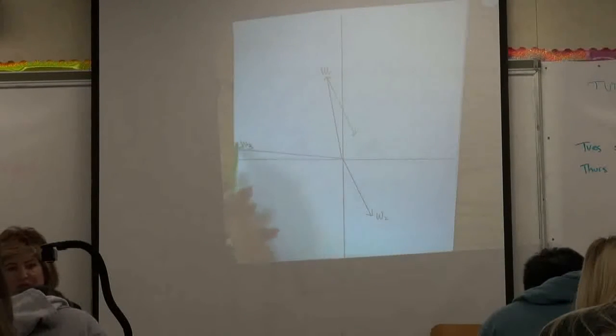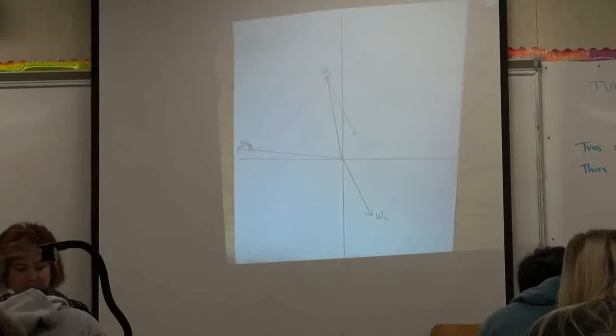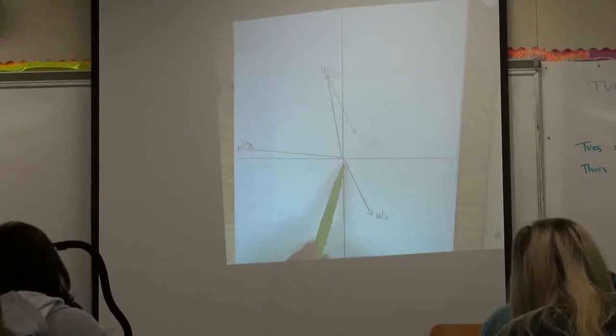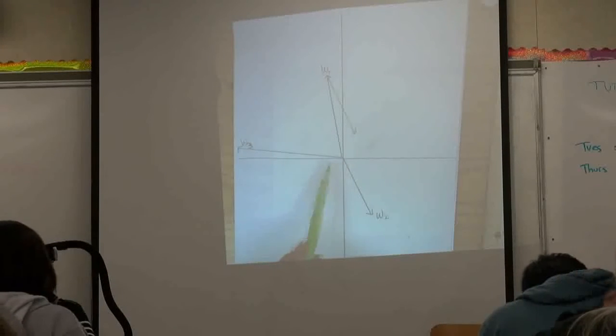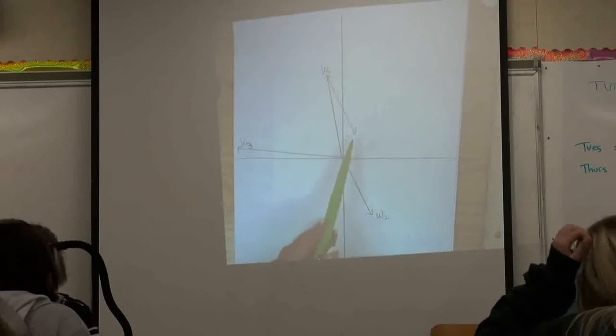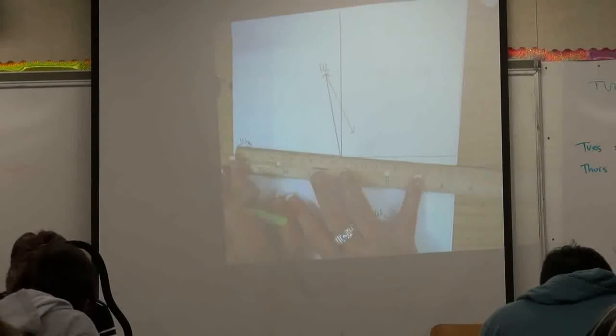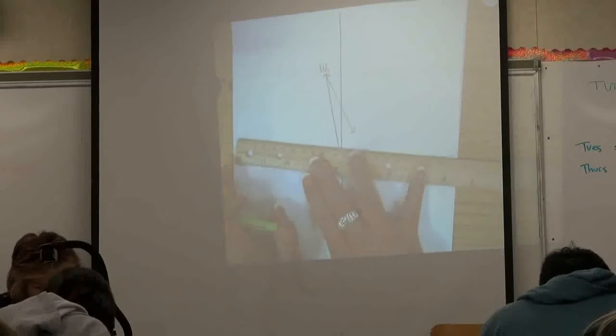And then we do the same thing for this one, except that the tail of 3 goes at the head of translated number 2, and we use the ruler and drag it up.